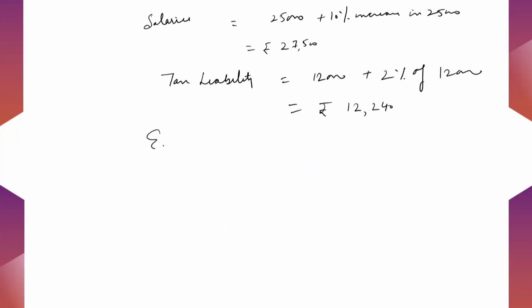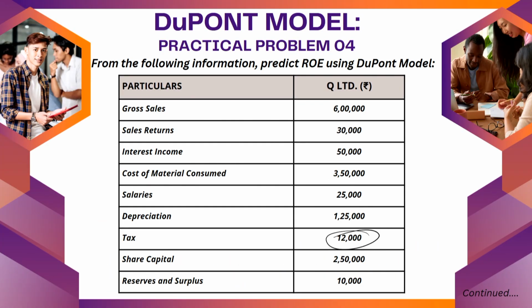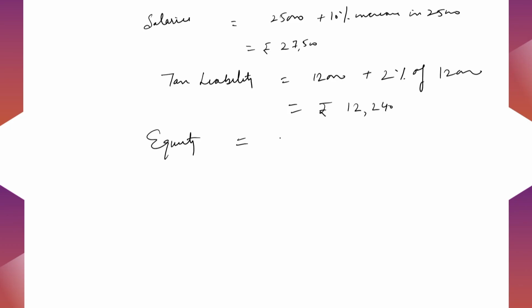So, the computation of equity is as provided in the question. The existing equity share capital was 2,50,000, and in the additional information we are told there is another issue of equity of 2 lakh rupees.